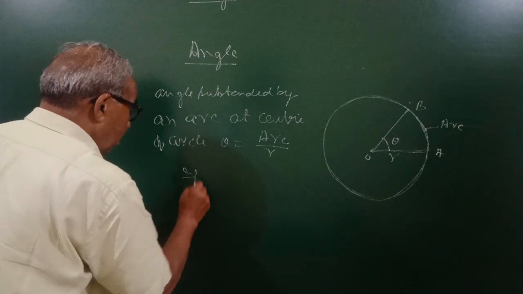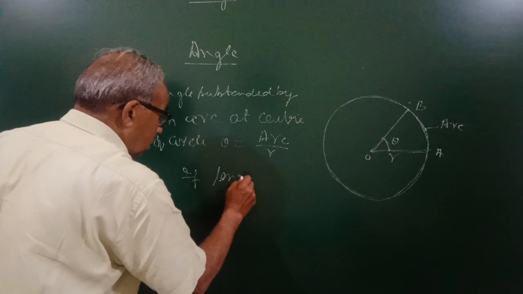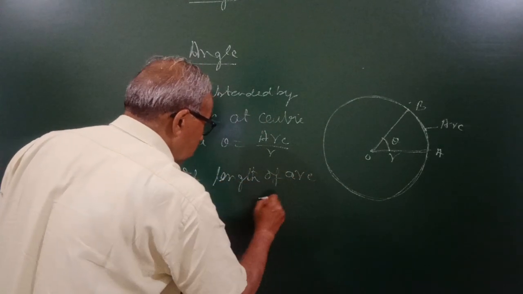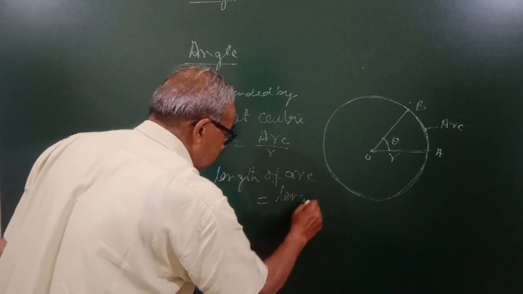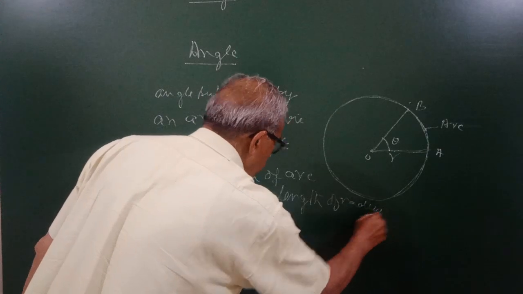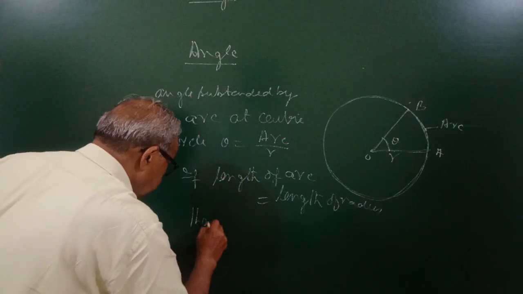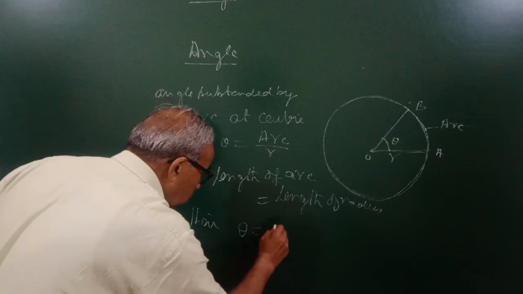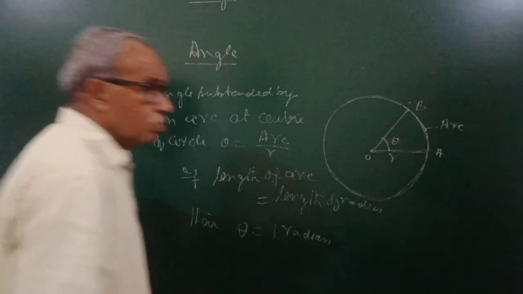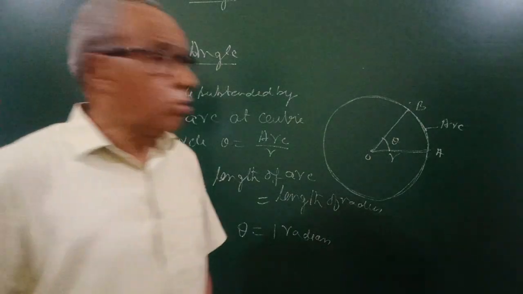And if the length of the arc is equal to the length of the radius, then angle theta is equal to 1 radian.